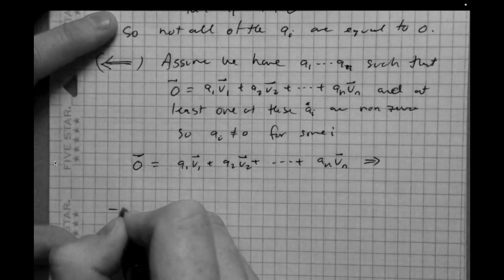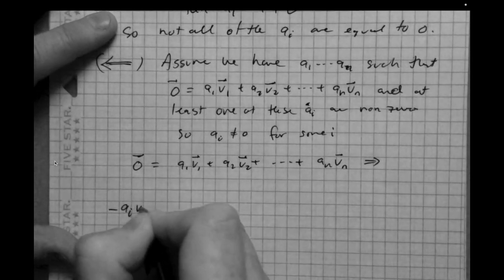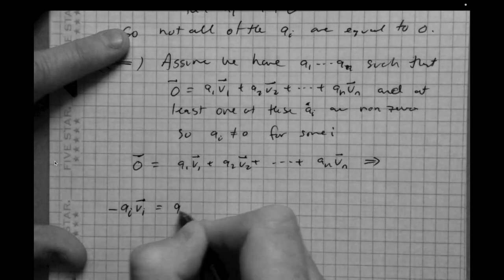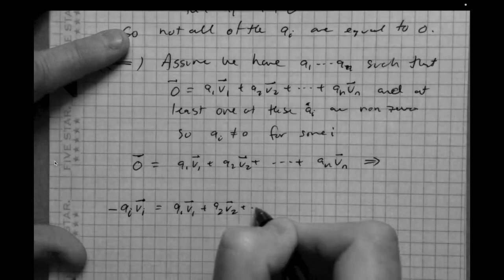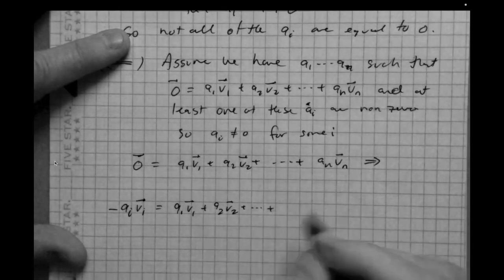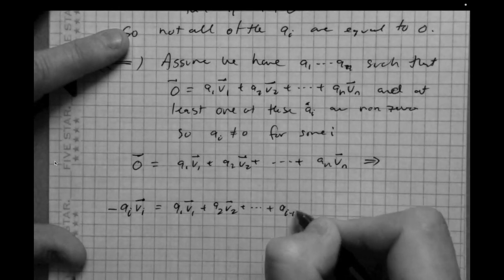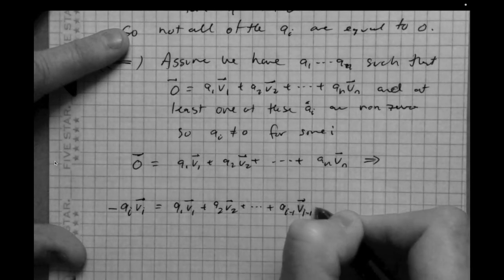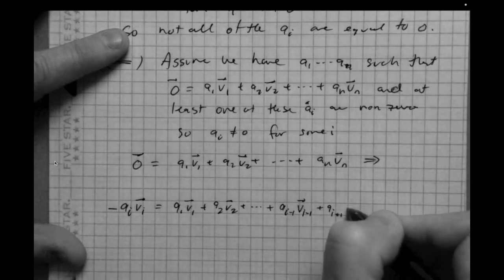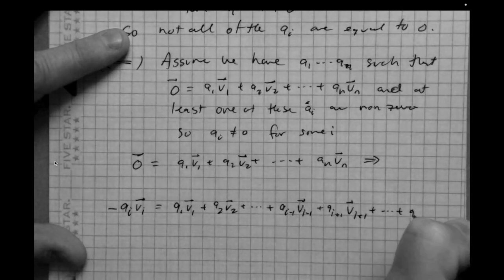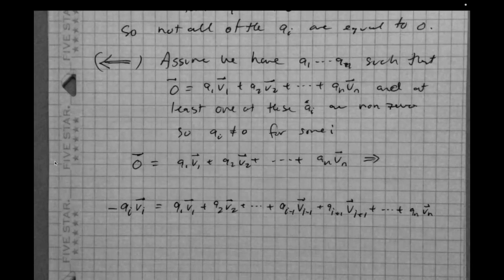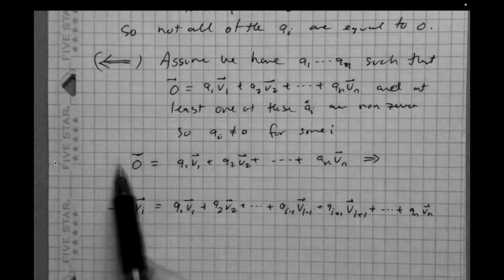So it'll be negative aivi equals a1v1 plus a2v2 plus ... Remember we've got this gap in here, so let's write it in there: ai minus 1 vi minus 1 plus ai plus 1 vi plus 1 plus ... plus anvn. I just plucked it out of here and threw it on the other side.